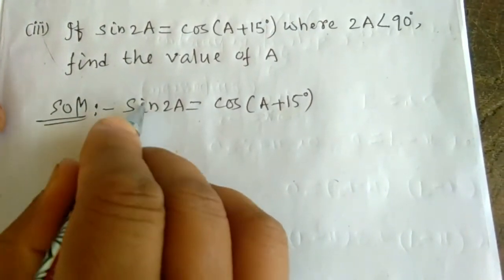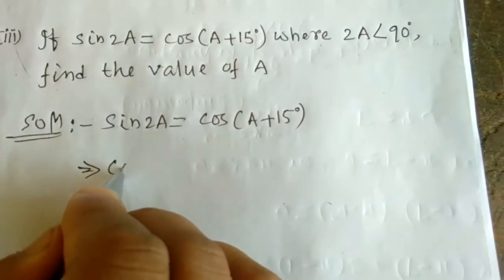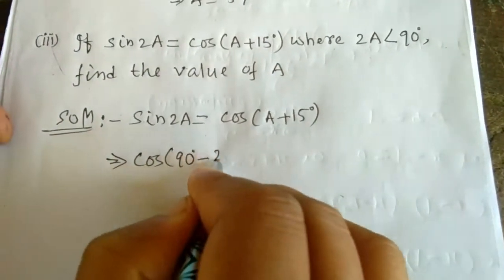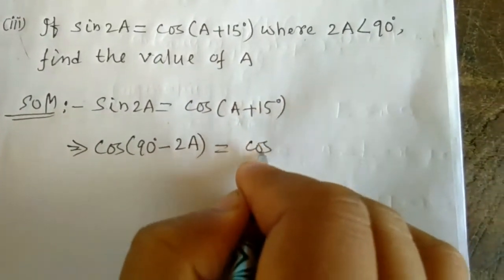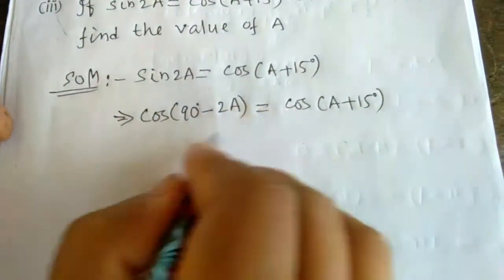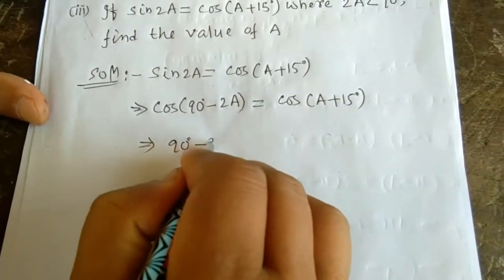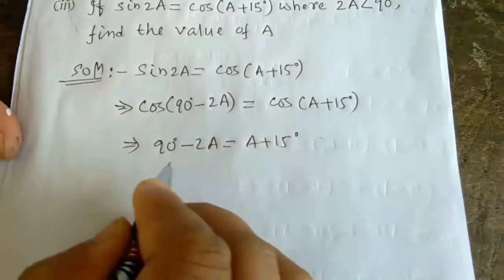So we'll convert this one in terms of cos. So how? Cos(90 degrees minus theta), here theta means 2a, equals cos(a + 15 degrees). Cos from both sides will cancel, so 90 degrees minus 2a equals a plus 15 degrees will remain.